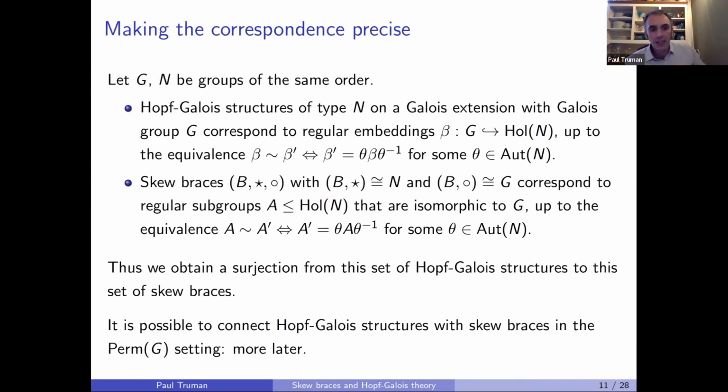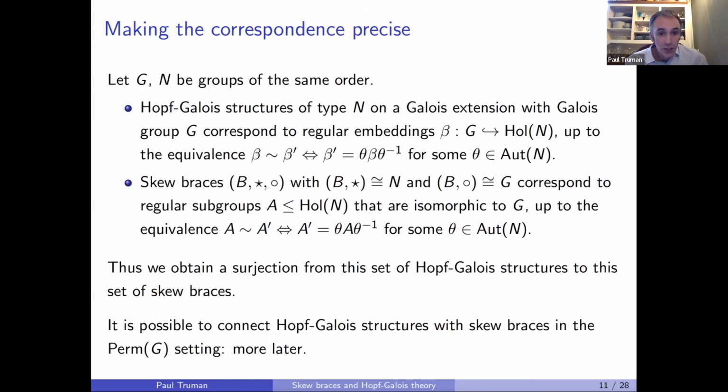So precisely, if I'm given two groups G and N of the same order, and I'm after Hopf-Galois structures of type N on a Galois extension with Galois group G, then I should be looking at regular embeddings of G into hol N, up to this equivalence given by conjugation of the actual maps: beta prime should be a conjugate of beta.